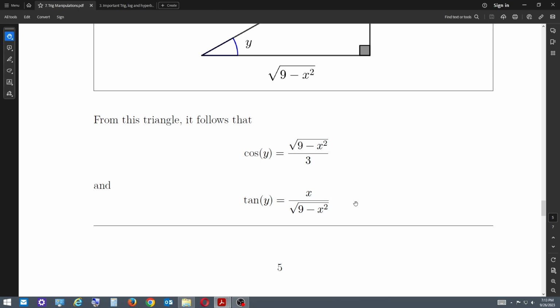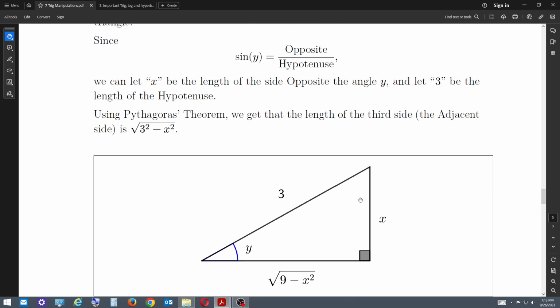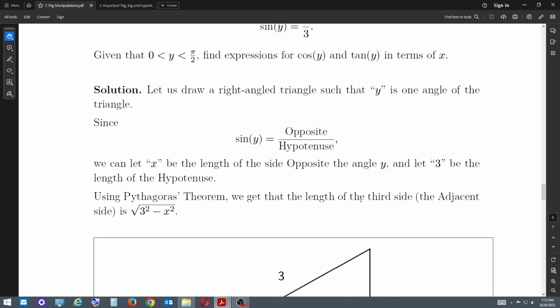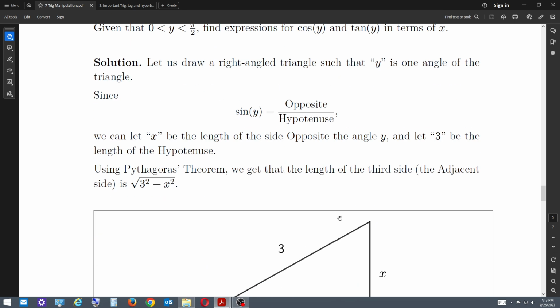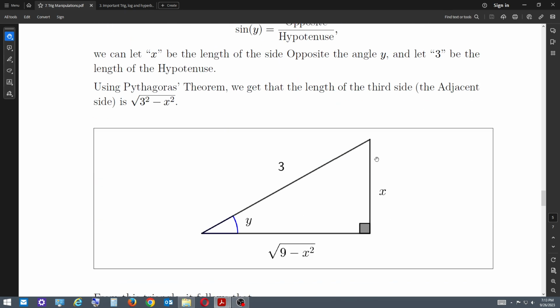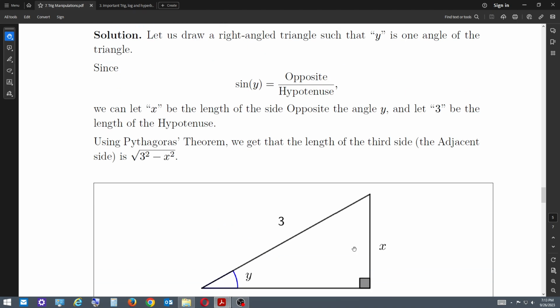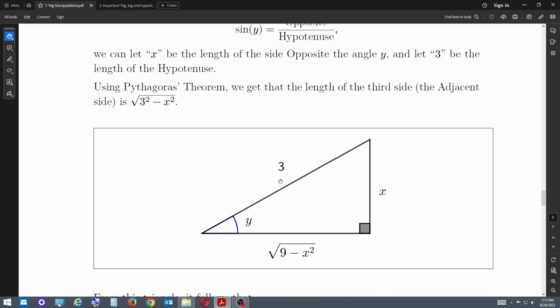Generally speaking, when I have to do some trig manipulation like this, I usually prefer the magic triangle trick. Now you don't even need to draw the triangle. You can just say, consider a triangle such that x is the opposite side and 3 is the hypotenuse, then y is the angle, and then using Pythagoras' theorem, you get the third side.